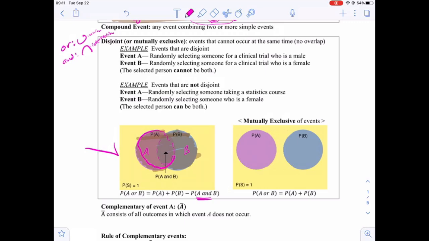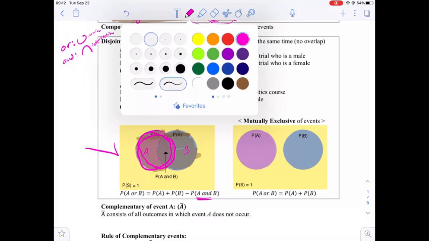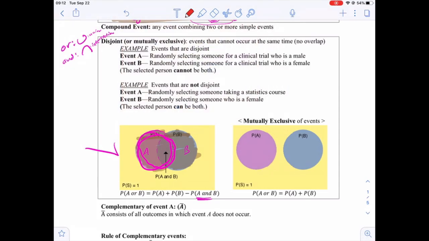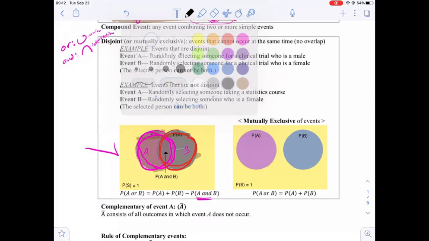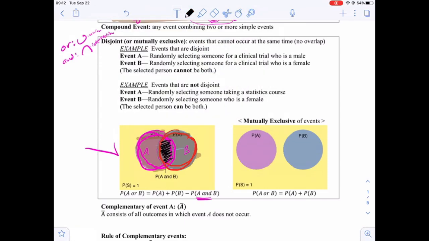If we consider the probability of A, this gives us the probability of the elements here. And then the probability of B gives us the probability of all elements here, right? But as you can see, we considered this area twice, when we considered the probability of A and then the probability of B, and that will not give us an accurate result. So we need to subtract one of these areas because it is overlapped.